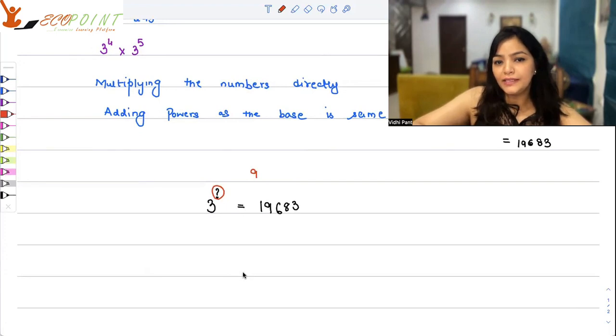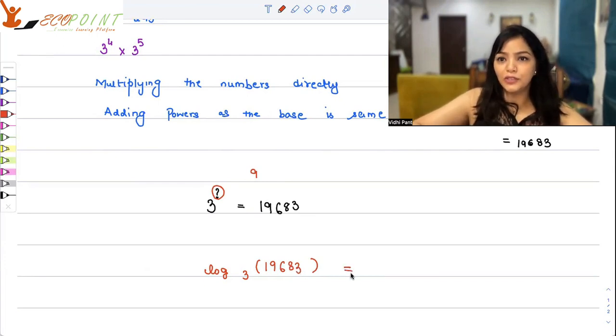Now, how is logarithm associated to it? So the base is 3. If you take logarithm or log as it's commonly said, log base 3 of 19,683.